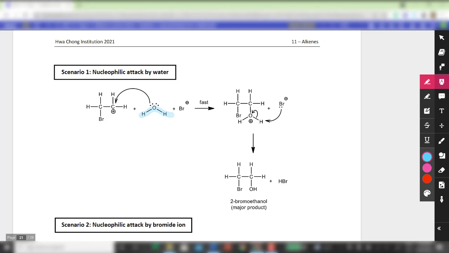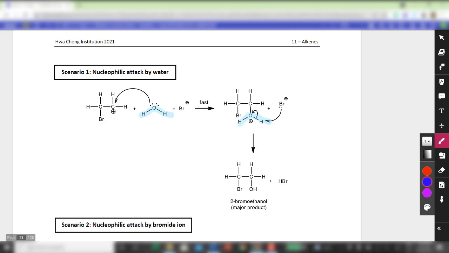When the water molecule attacks in the first step, you notice that the oxygen will take on the positive charge from the carbocation. As to why the oxygen takes on a positive charge, we'll discuss it maybe in the tutorial setting, or you can explore it a little bit on your own. But as I said, it might not be very important for you to pay so much attention to it.